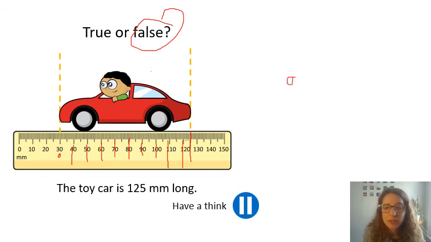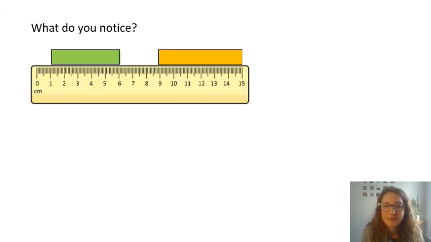So it is 95 millimetres long. Extra point if you can write that as centimetres as well. We're not doing that today, but extra challenge for you. It would be 9 centimetres and 5 millimetres, okay, or 9.5 centimetres.